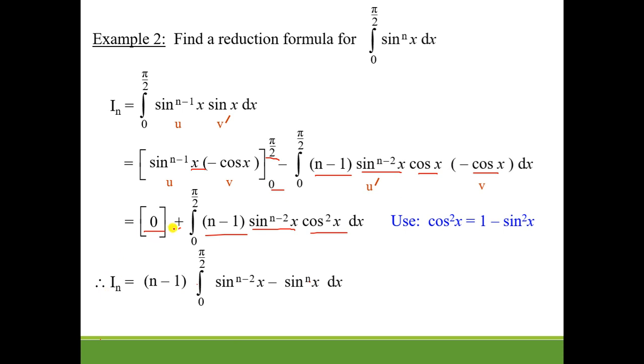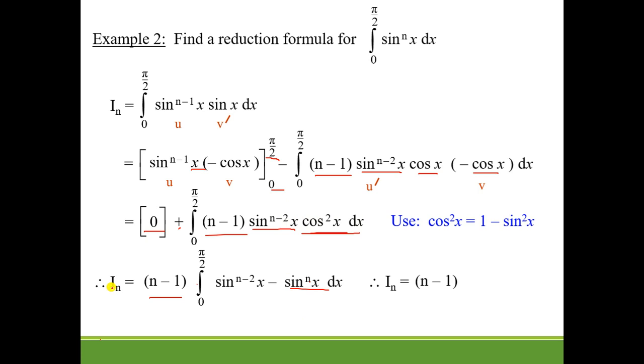This n minus 1 is a constant, take it outside, integration 0 to pi by 2, this term as it is. Cos square x is nothing but 1 minus sin square x. So substitute the value here, you will get this answer, because when we substitute 1 minus sin square x here, we will get sin raised to n minus 2 x minus, what is the power? See, the power is 2 and this minus 2 will get cancelled. So ultimately you will get sin raised to n x dx.